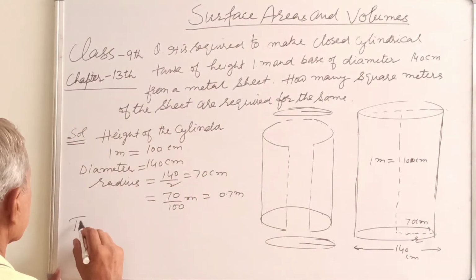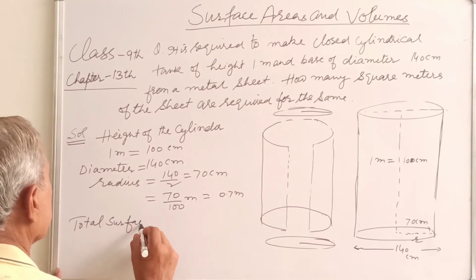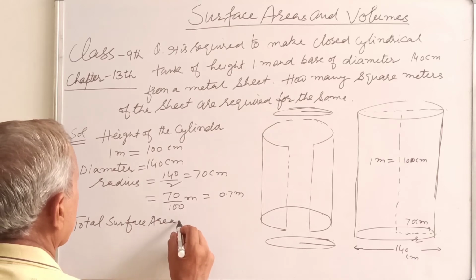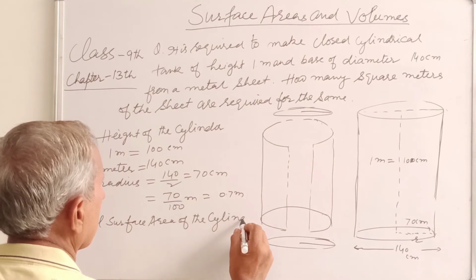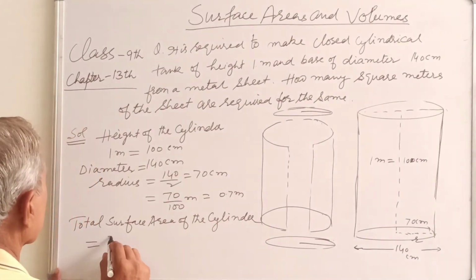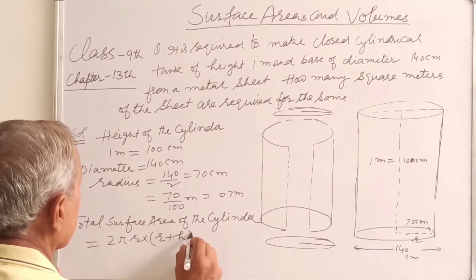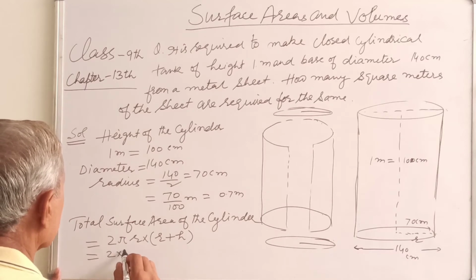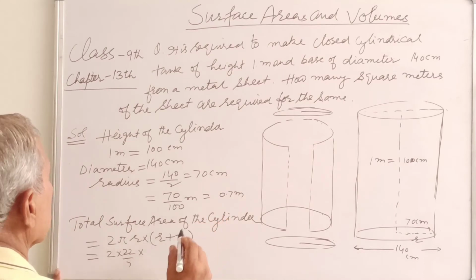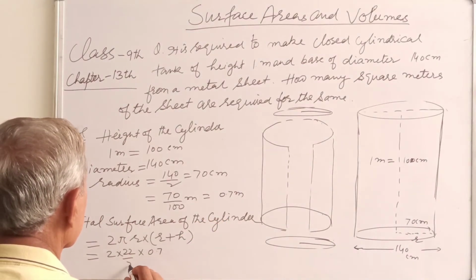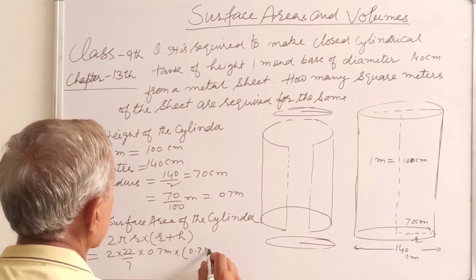The total surface area of the cylinder is given by the formula 2 pi r into r plus h. 2 into 22 upon 7, r is 0.7 meter, multiply 0.7 meter plus 1 meter.